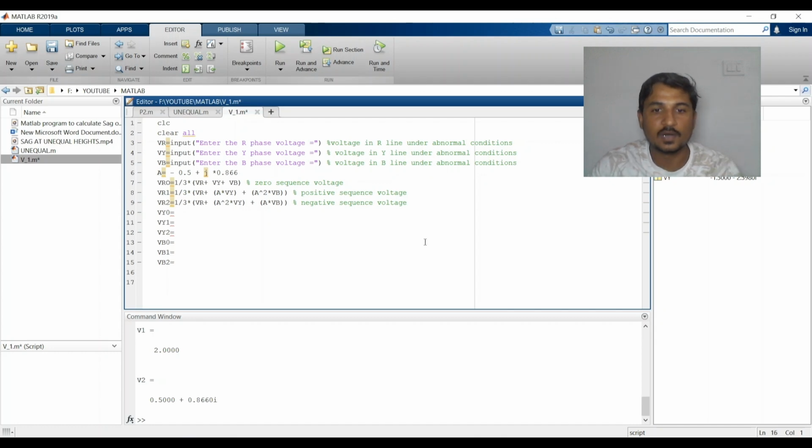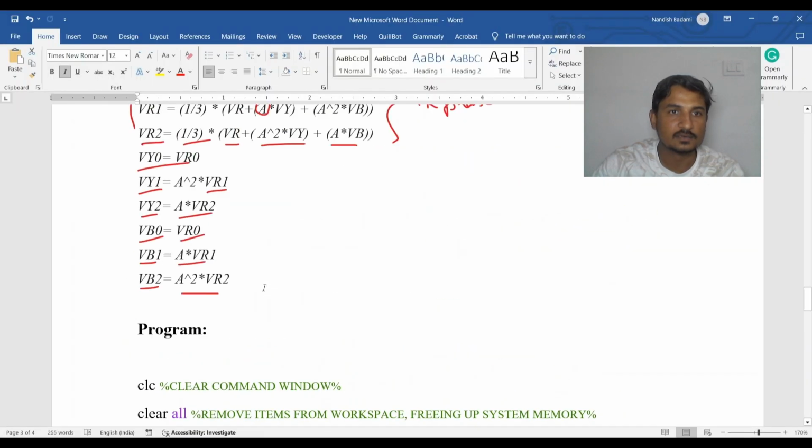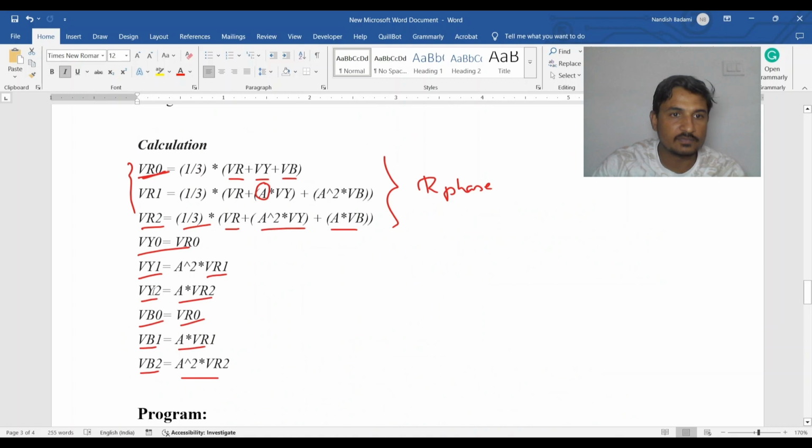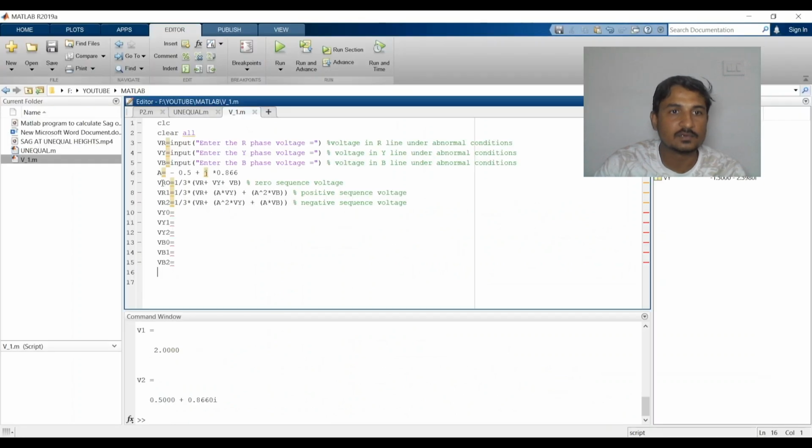From the program and whatever we have calculated, Vy0 is Vr0. We can directly take it from here, and the same we can copy, and for Vb0 also it is the same.